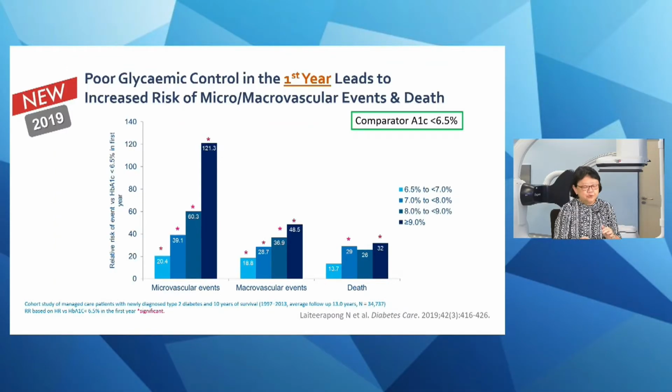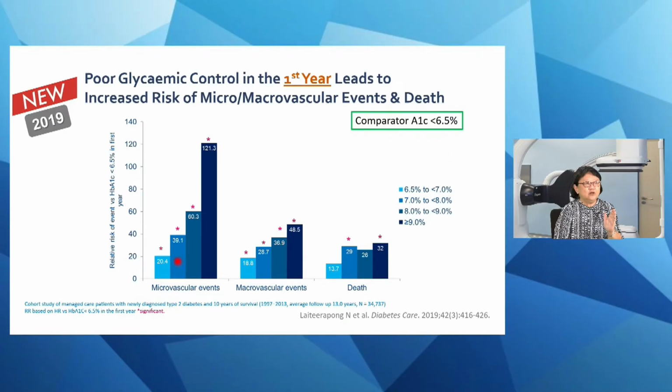Here is data that you may not be so familiar with, a 2019 publication from the Diabetes and Aging study. They used the comparator A1C of 6.5 or lower. That means the comparison was those individuals with diabetes who had A1C below 6.5.